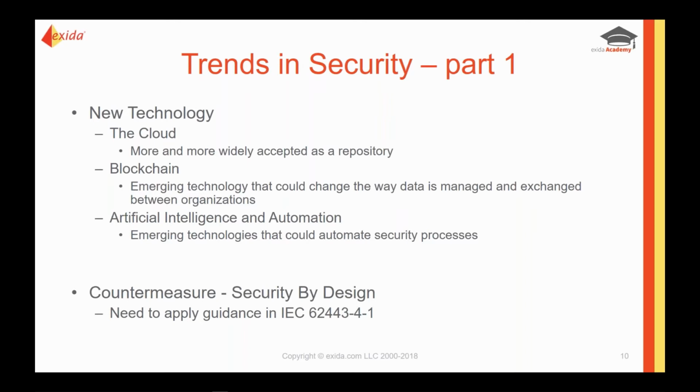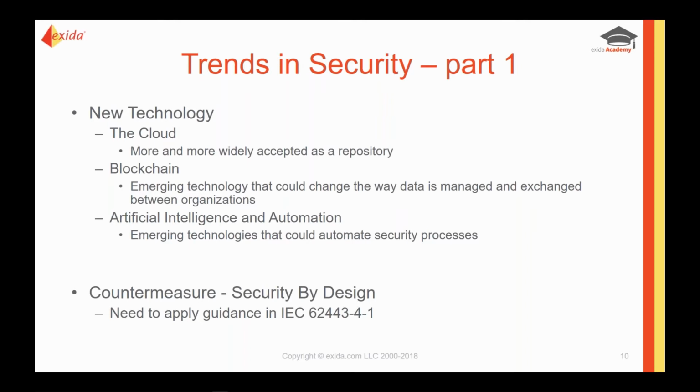Artificial intelligence and automation, and using those kinds of techniques in terms of detecting breaches and automating security processes, is not well defined as yet, but certainly an emerging area.